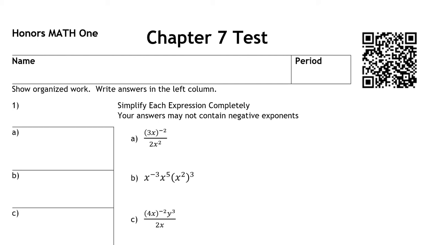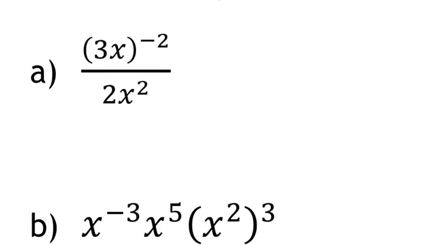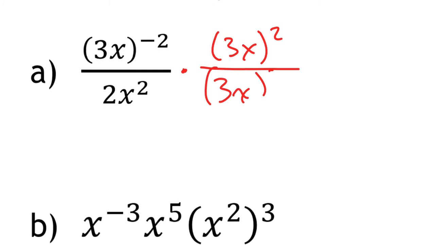So question one says, simplify each expression completely. Your answer may not contain negative exponents. So part A has in parentheses this 3x to the negative second power. And I'm going to choose to get rid of that by multiplying by 3x to the positive second power over 3x to the positive second power.